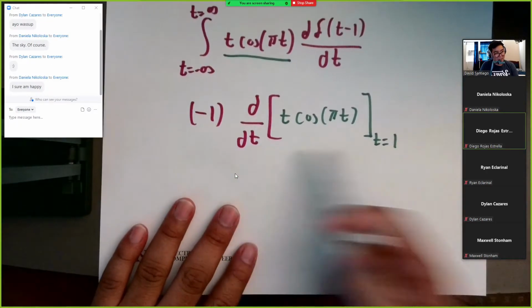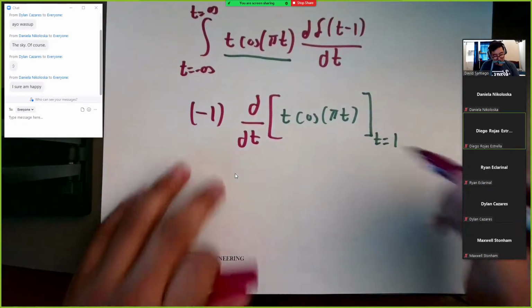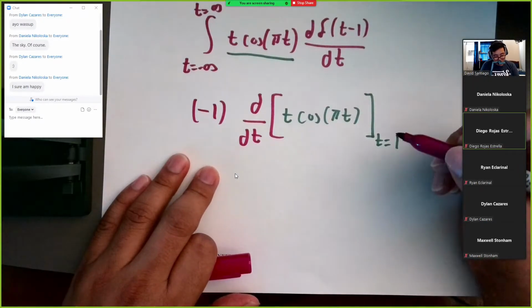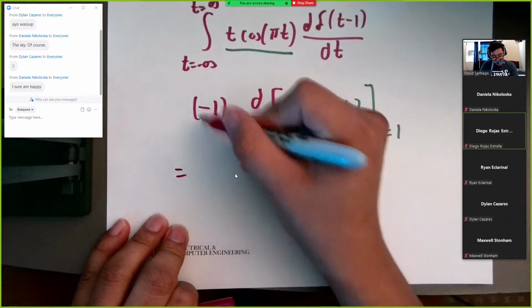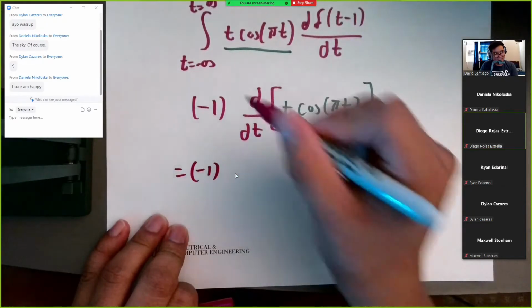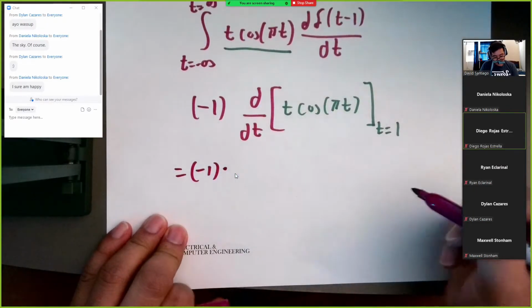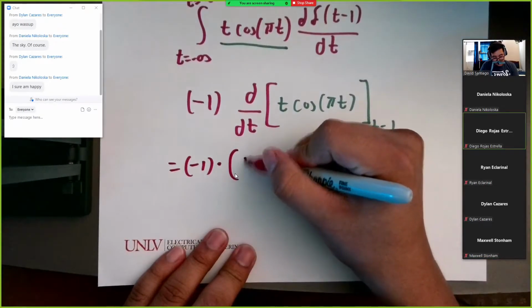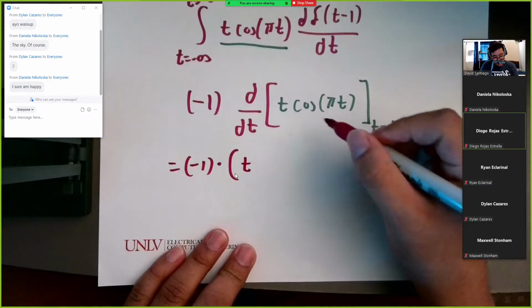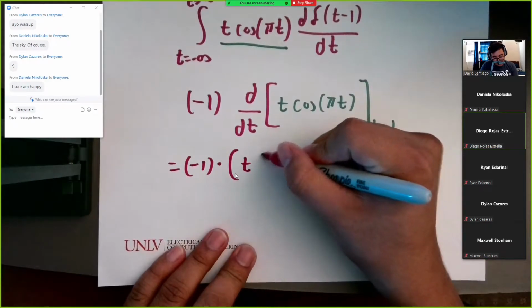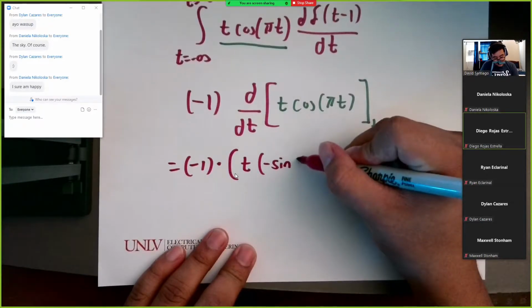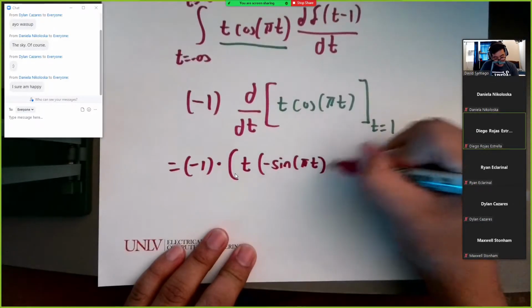Okay, so now you have your problem that you can solve. So if you were to remember the product rule, let's do this. Let's put our -1 right there. Don't forget that. Times, because we got to go slow, we're going to do t, and then we're going to take a derivative of this, which is basically minus sine of pi t.